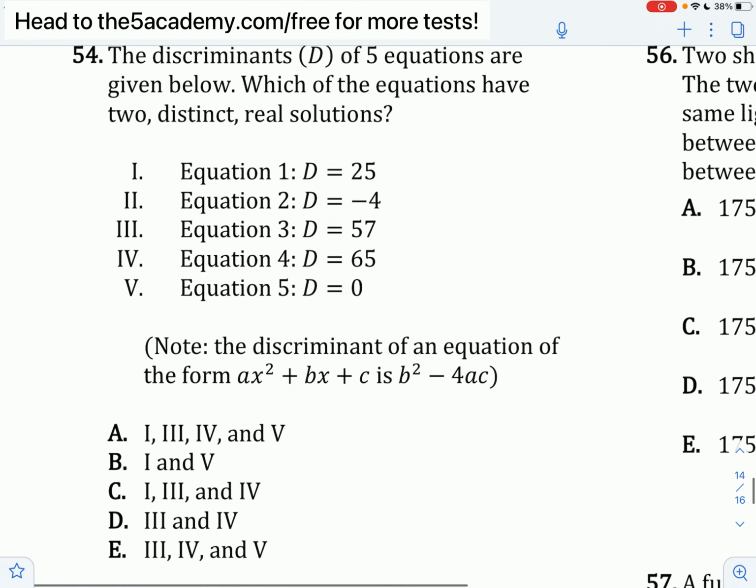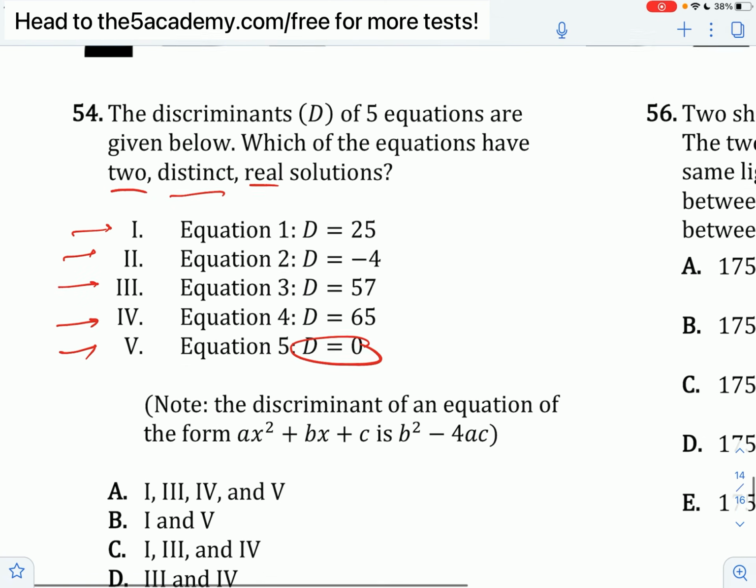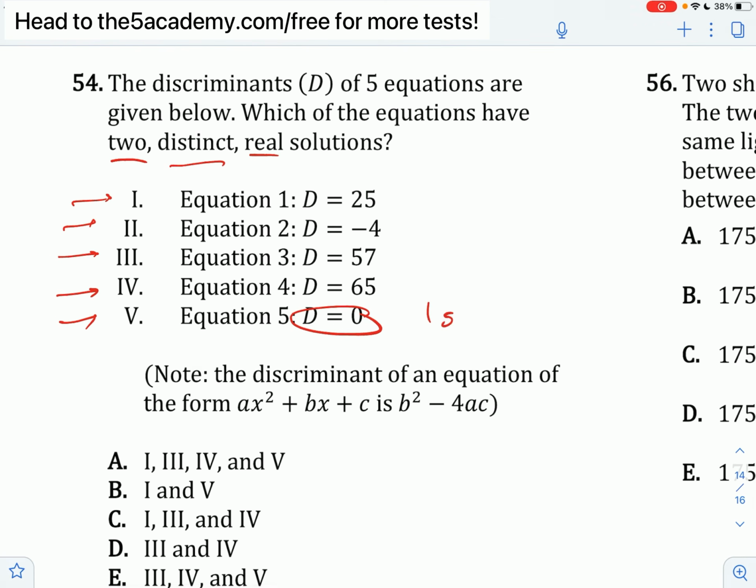The discriminants of 5 equations are shown below. Which of the equations have 2 distinct real solutions? Okay, 2 distinct real. That's the condition. If we look at each one, we notice some are positive, some are negative, and we also have 0 here. When you have a discriminant of 0, if you remember the quadratic formula skill video on our website, this means you get one solution.